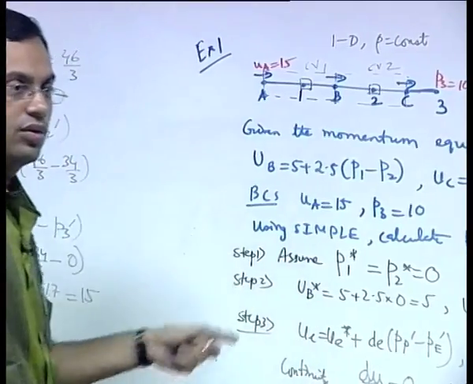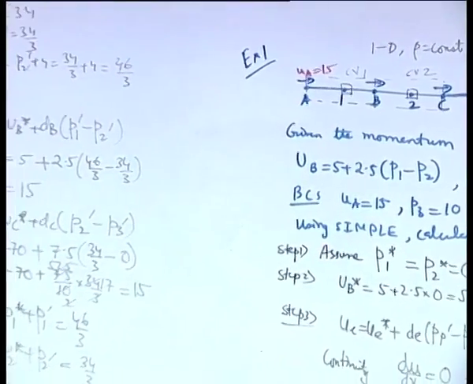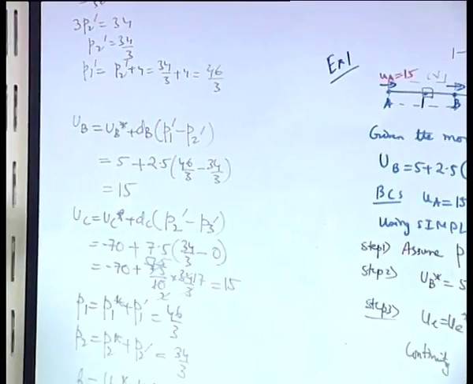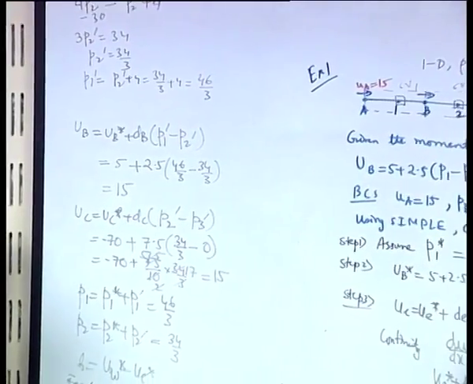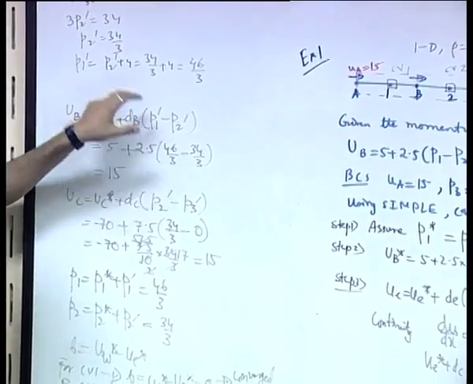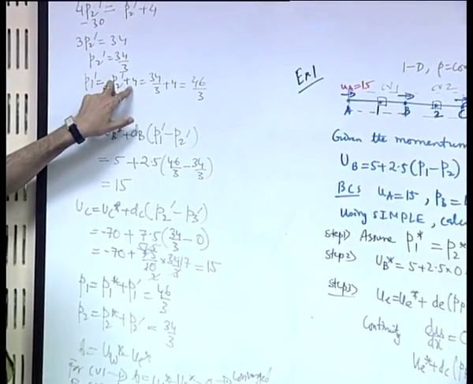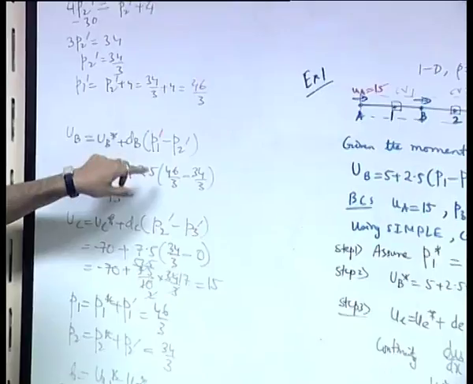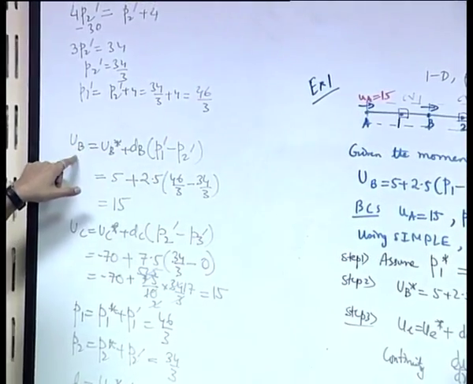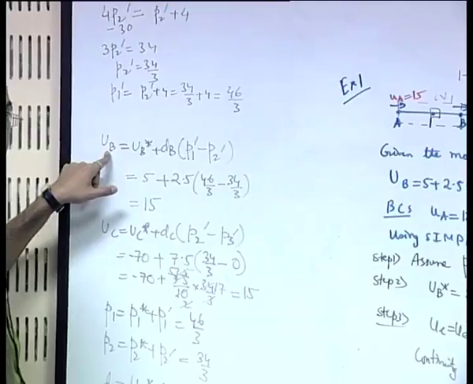So, there is no mass source term that remains. The other important thing to observe is that it is P1 prime minus P2 prime that is important. So, P1 prime minus P2 prime equal to 4, that was the sole important thing for dictating what is UB.